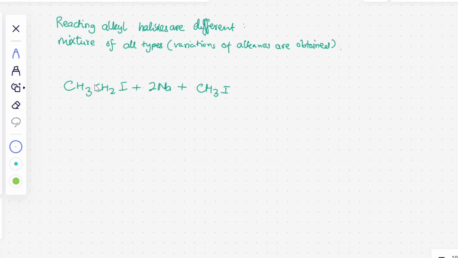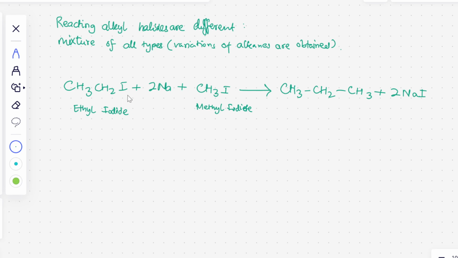This is ethyl iodide, right? And here we take methyl iodide. In such a case, this would react and it would give you CH3CH2CH3 plus 2NaI.